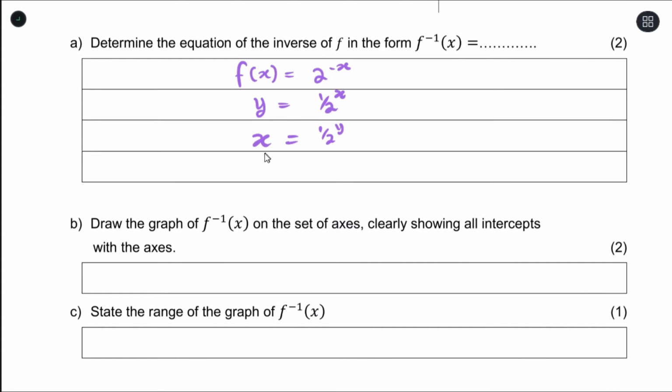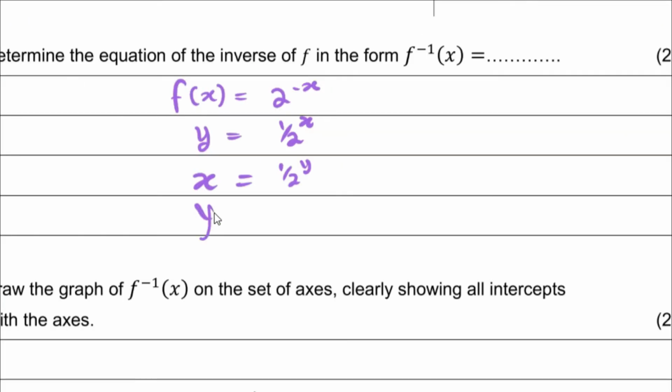To get our answer, we need to write this equation in log form. So this can be written as y equals the log of half x. We could also say, since that's what they wanted, f to the negative 1 of x is the log of half x. That's the answer.